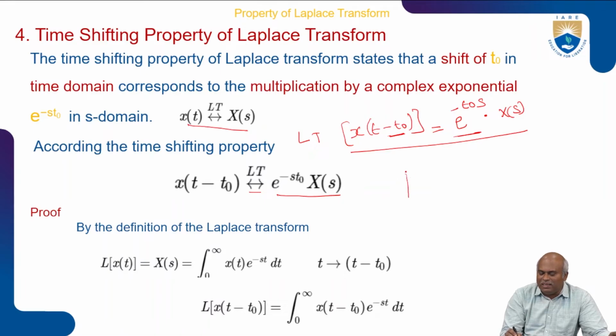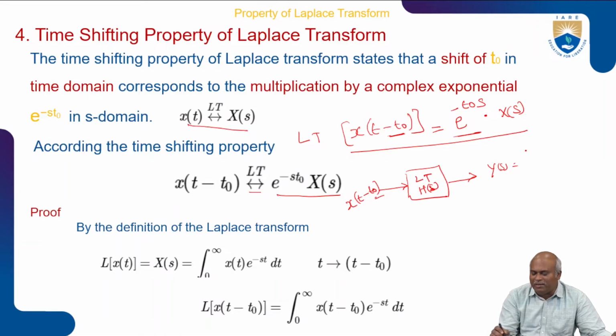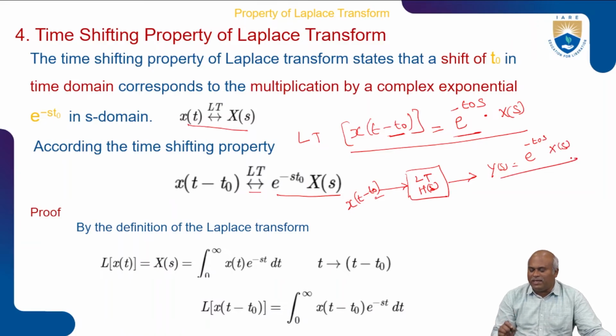That means this is the Laplace transform domain of the system, which I call H of s. We pass the input x of t minus t0, and the output is represented as Y of s. That output is the shift factor e power minus s t0 multiplied with X of s. We need to prove this statement for the time shifting property of Laplace transform.